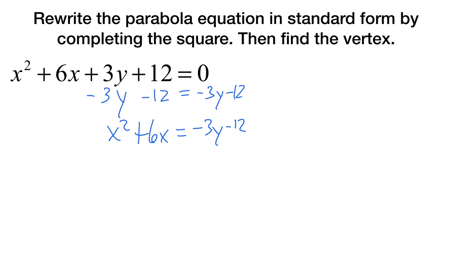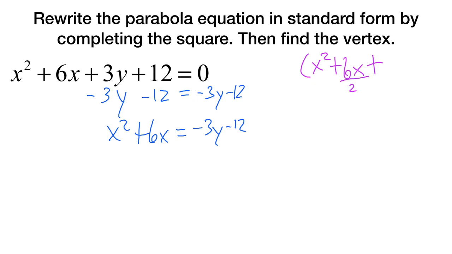Now let's talk about completing the square. The idea is that I want this to end up becoming x plus whatever half of 6 is. So we have x squared, we have 6x, and then plus whatever that is squared. What two numbers that are the same added together are 6?